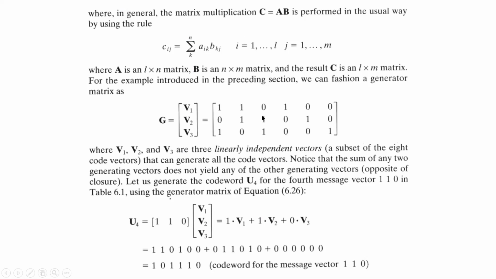How many total possible combinations of the vector space are there? 2 raised to the power 6. What is 2 to the power 6? 16, 32, and 64. So 64 combinations are there, 64 total code words. What is the message block size?